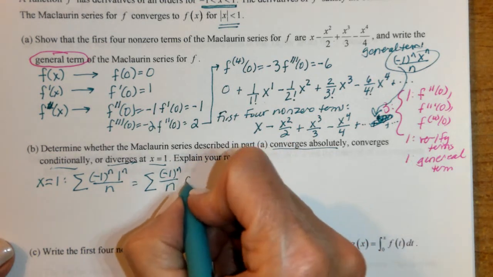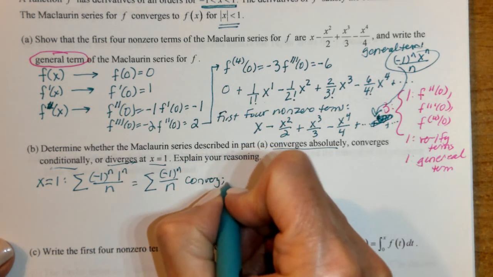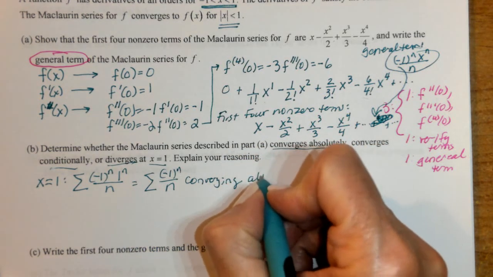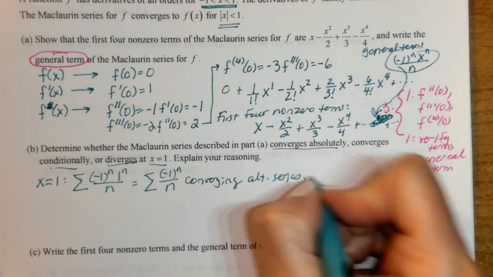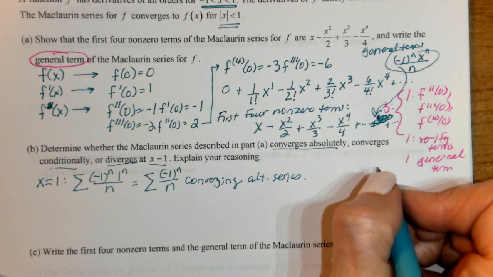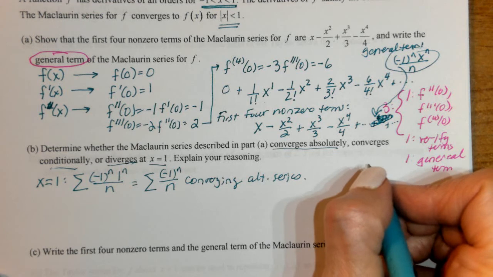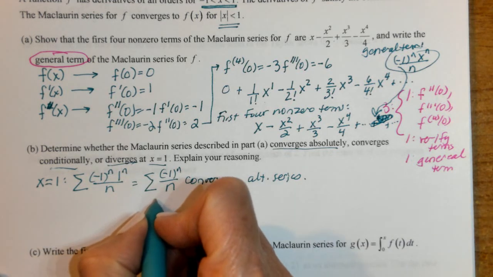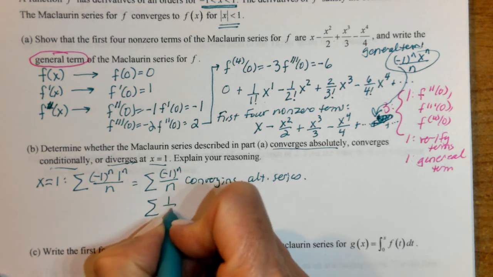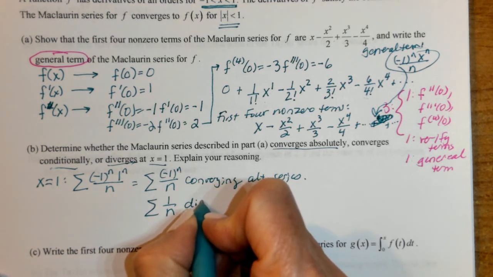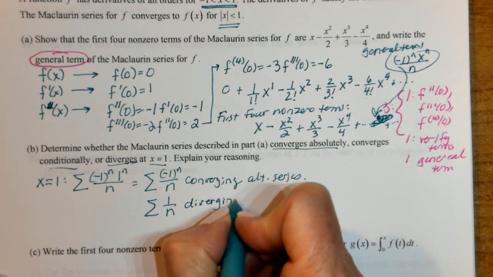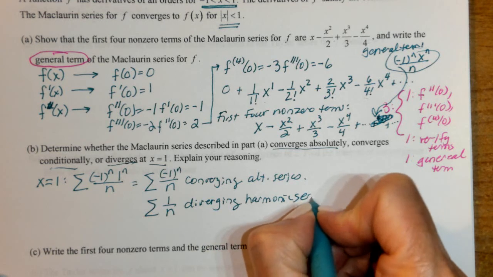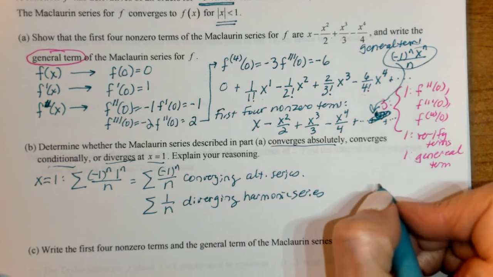We know that that's our converging alternating series. And we also know that this converges conditionally because if we get rid of the alternating, that would be our diverging harmonic series, or you can say diverging p-series.